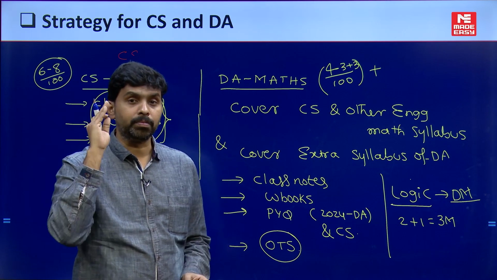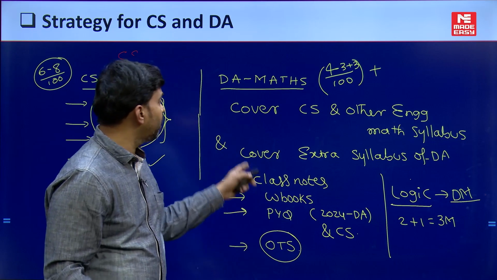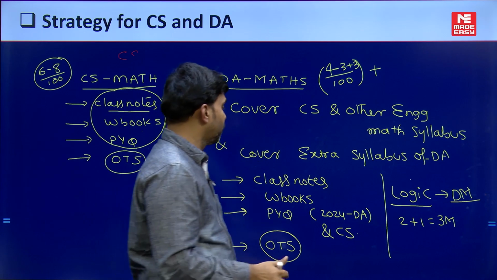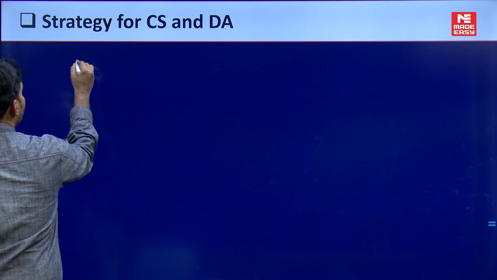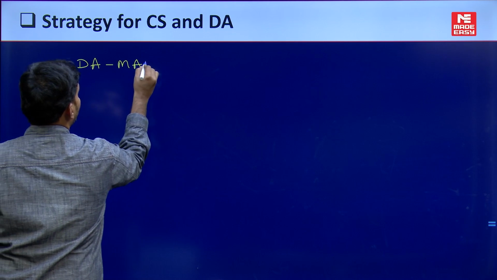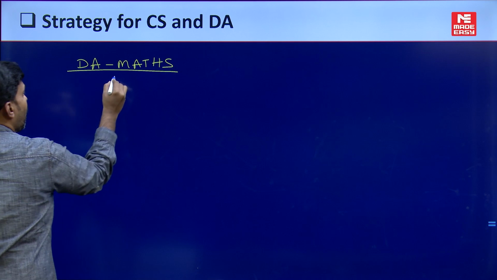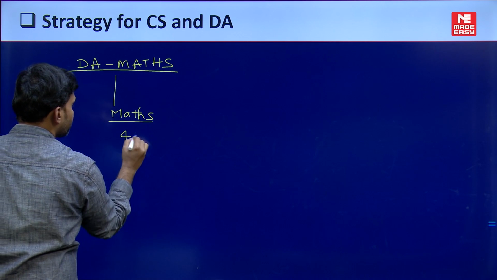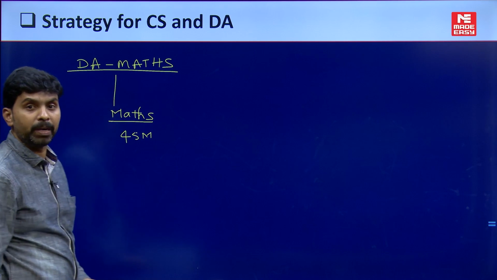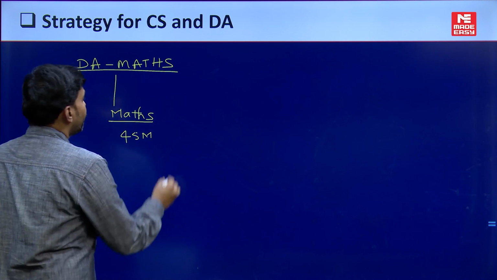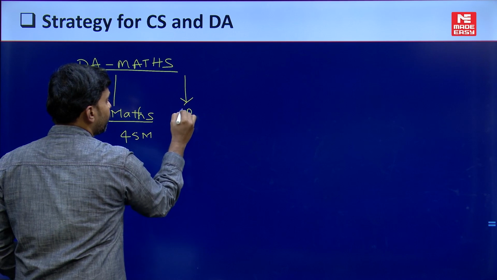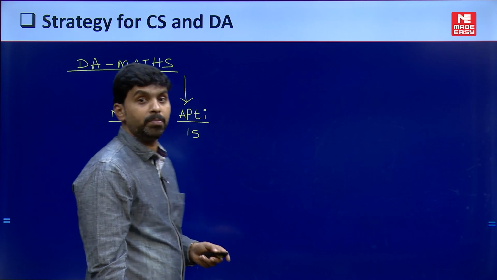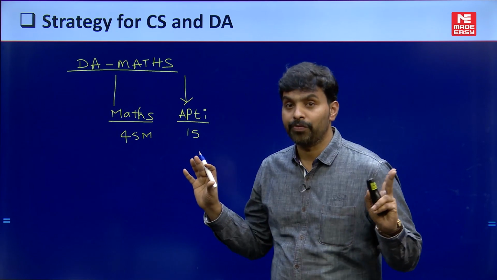Your concentration has to be very high on mathematics, because mathematics has the highest weightage in this paper. If you take the DA math paper, you will get 45 marks from mathematics, including the discrete mathematics questions. And from aptitude also you will be getting around 15 marks. So this is covering 60 marks of the paper as per the 2024 observation.